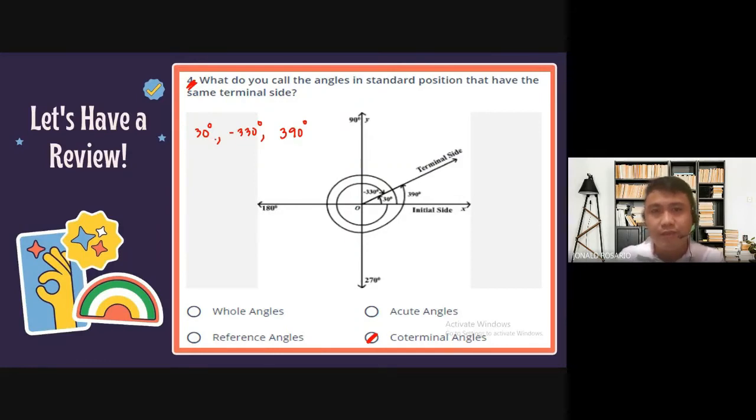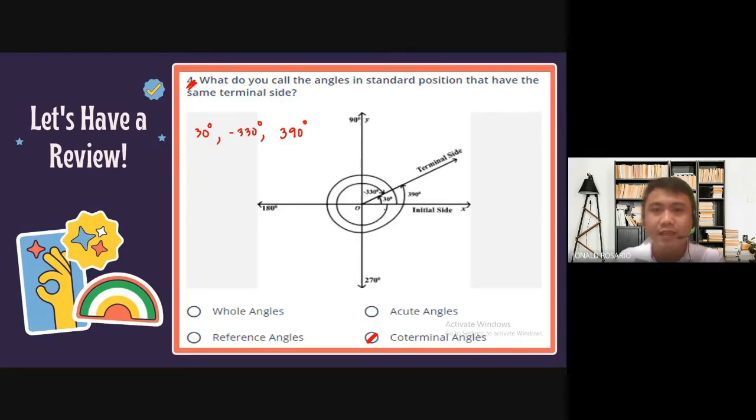So, these measurements of the three angles here, yung nandito sa ating plane, inside the unit, hindi na-draw yung unit circle, but we have a unit circle there, ay nakalagay lahat sila sa standard position kasi ang initial sides nila lahat ay coincide doon sa ating positive x-axis.